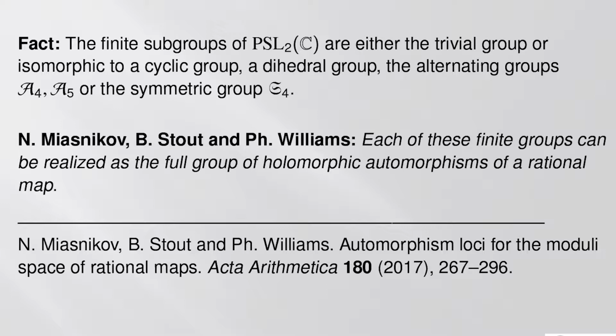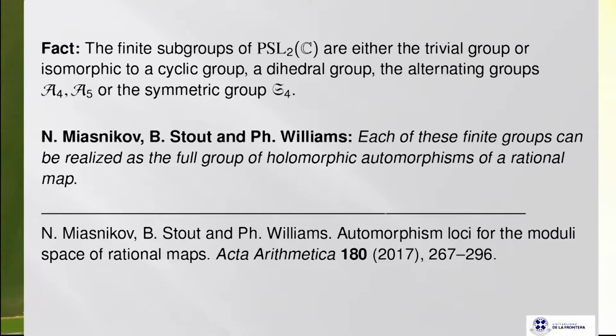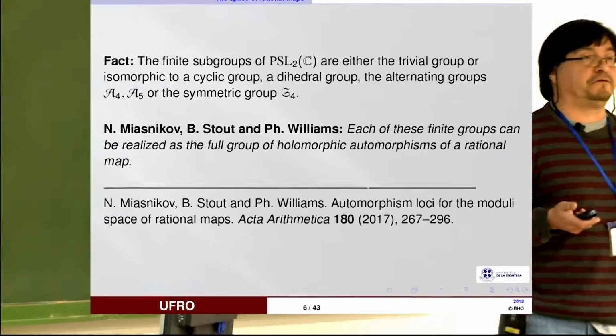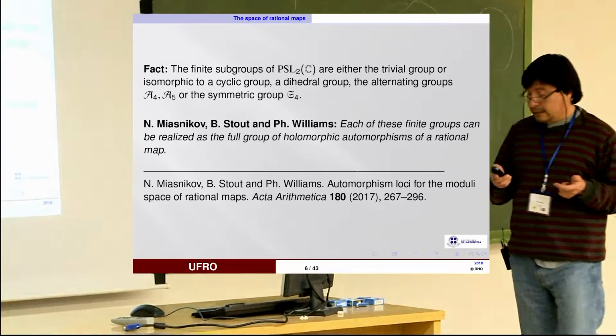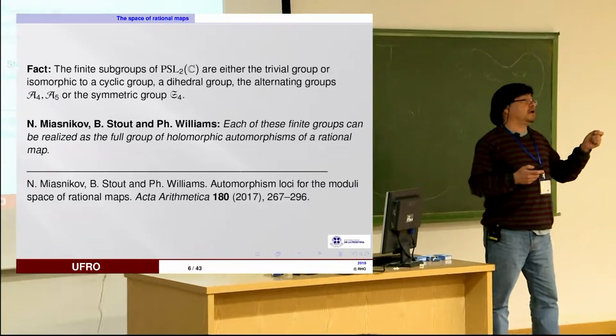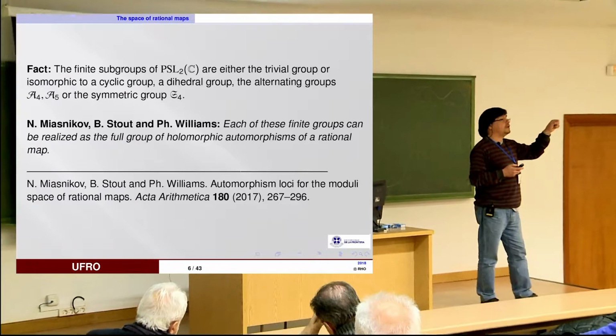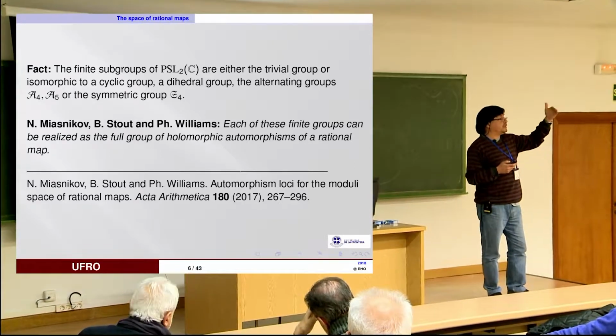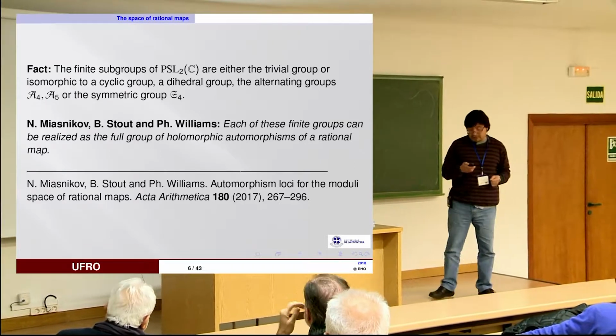And recently, Miasnikov, Stout, and Williams in a recent paper have shown that for each of these groups that you choose, you can find a rational map of certain degree for which the group is the full group of holomorphic automorphisms. Okay, and moreover, they say that if you want to have A4, then there is a relation for the degree. It's not for any degree, of course.